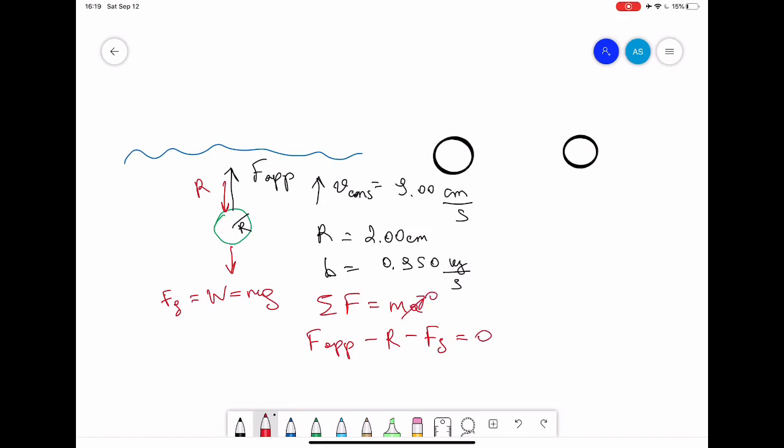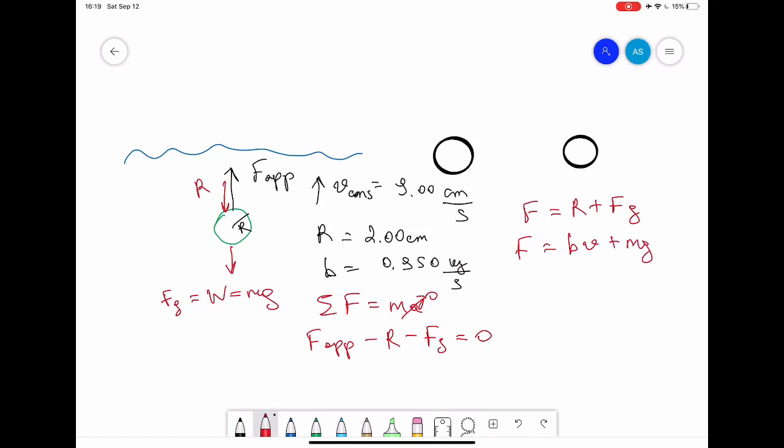Then we can say that F is equal to R, the resistive force, plus Fg. Now, what is the formula of the resistive force? The resistive force is the proportional constant b times the speed, plus mg.